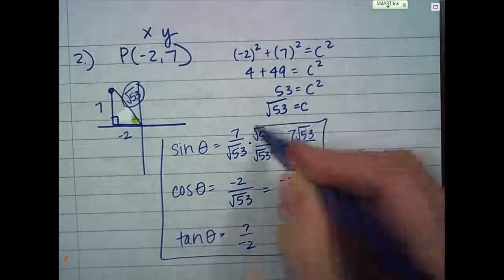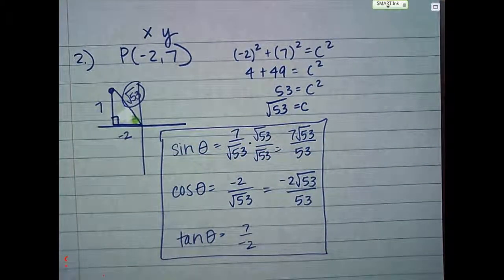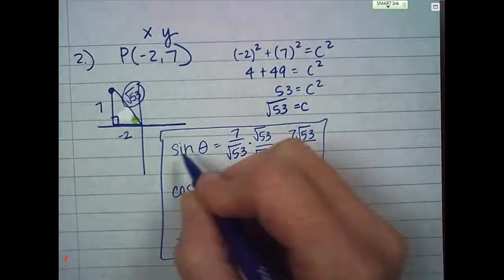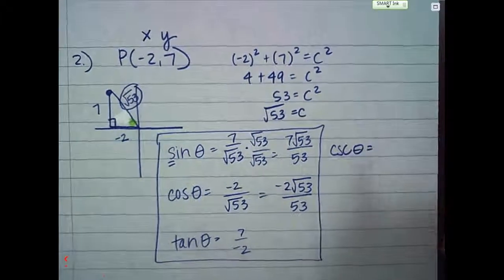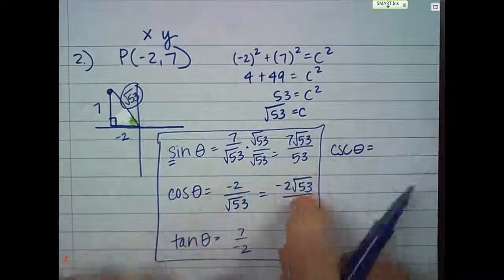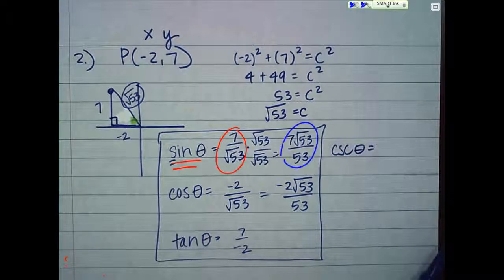Now we go through reciprocal functions. Oh, you couldn't have a negative. You can have a radical. Okay. Now, the flip of sine is cosecant. Okay, stop for a second. What's easier to flip? We're talking about sine here, the circle in red or the circle in blue? Yeah, red, because the red puts root 53 on top and you're just done.